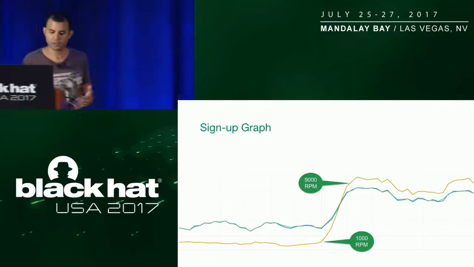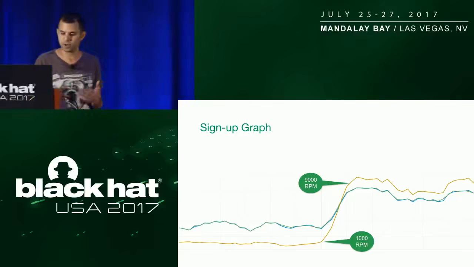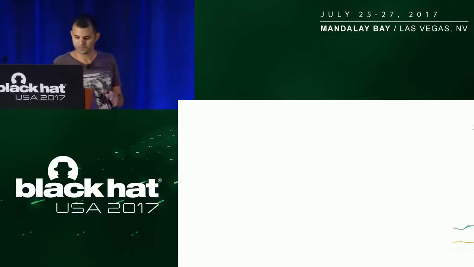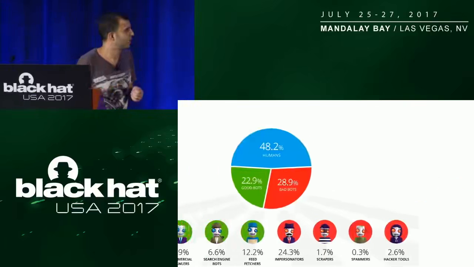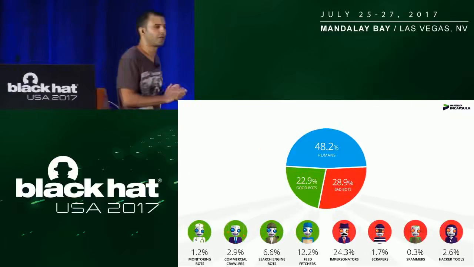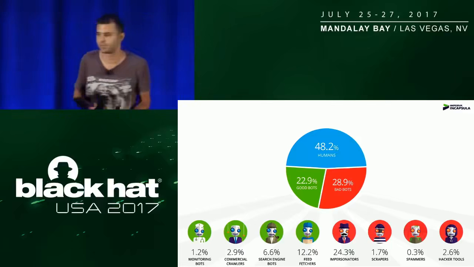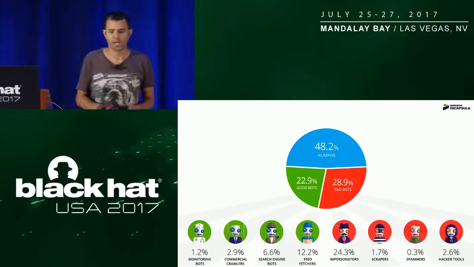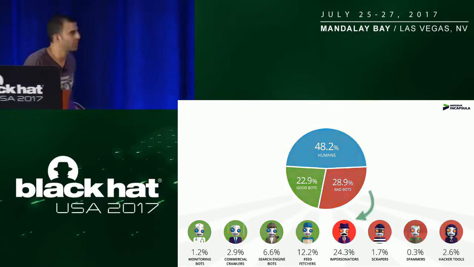Now, before we dive into the interesting part of this attack, a few words about bots. According to Imperva, the majority of the traffic in the internet today is done by bots. Most bots are bad bots, and most of the bad bots are impersonators.